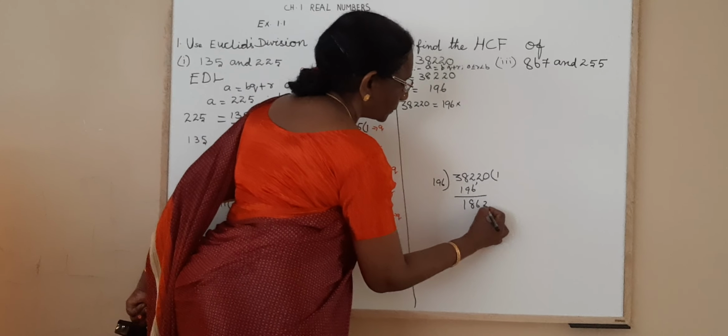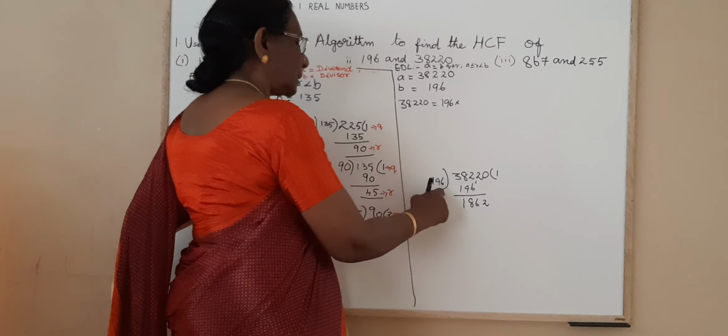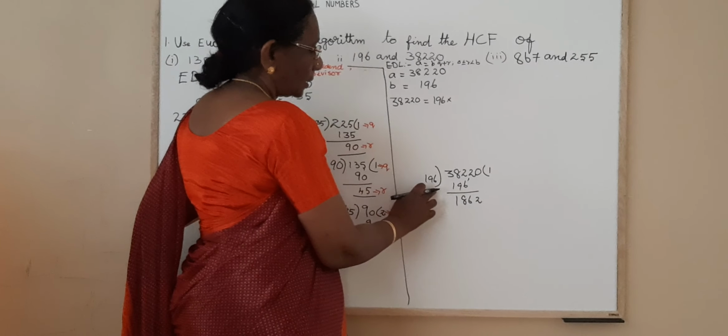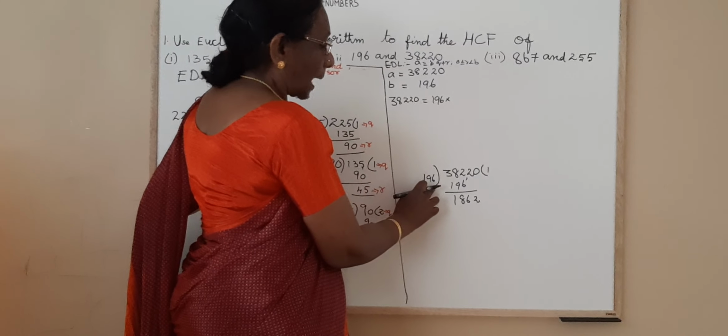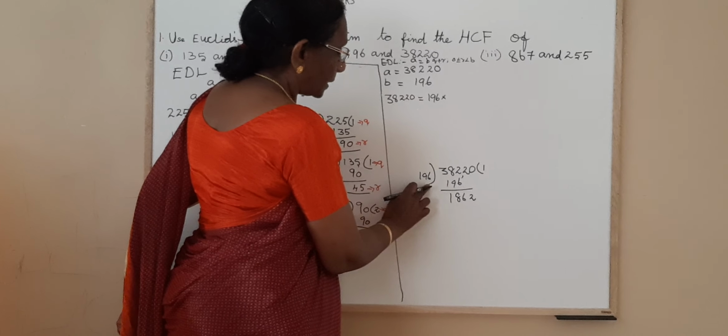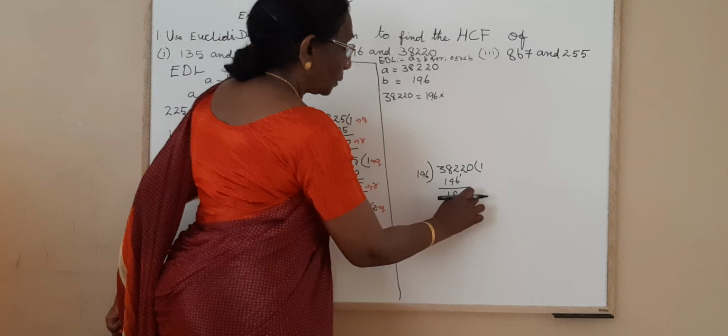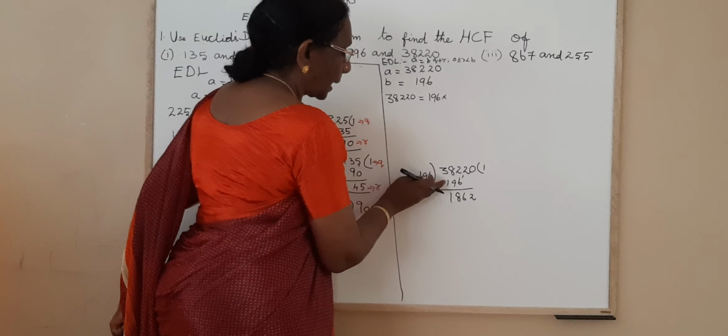Now bring the 2. Now 196, how many times in this do you go in those? You select, it may go 9 times because it is 196 and here 1862, because it is nearby 10 times.